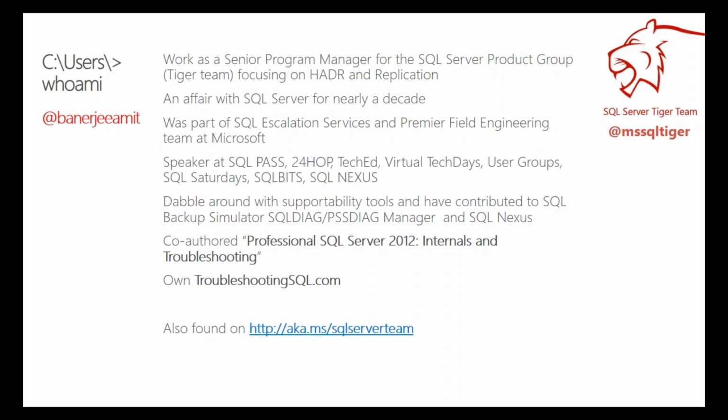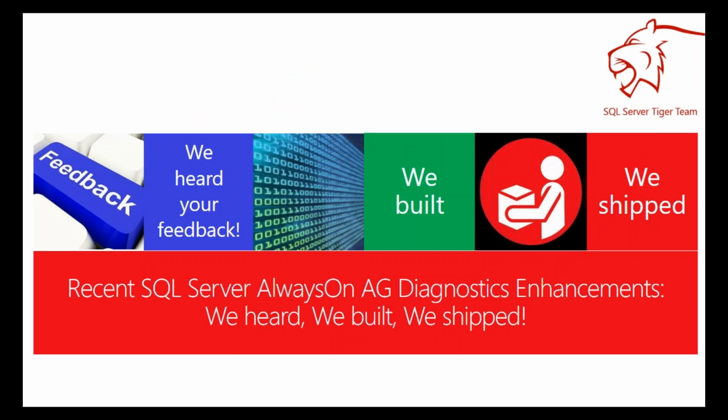Let me quickly set the agenda for what we're going to be talking about in the next 1 hour. We'll talk about always-on availability groups. We heard a lot of feedback from customers that we have talked to in the recent past, mainly around how do you troubleshoot failovers, how do you troubleshoot when there's a timeout between 2 different replicas, how do you troubleshoot any kind of failures that have happened in the availability group related to maybe network issues, maybe performance issues.